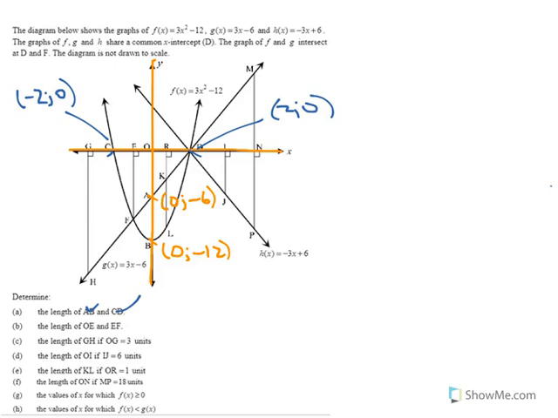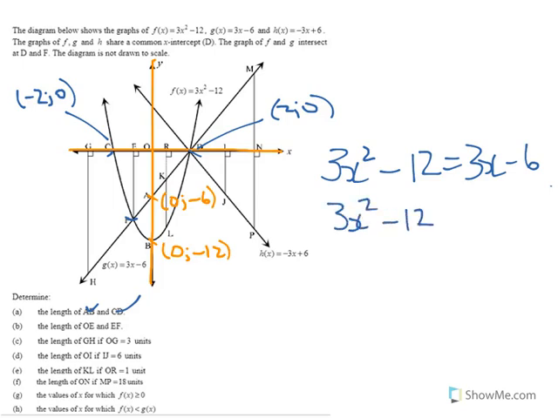So if we can find F, which we can because F is the point of intersection between my parabola and the function G. Remember, to find points of intersection, we just say the output of function 1 needs to be equal to the output of function 2. So that would be 3x squared minus 12.